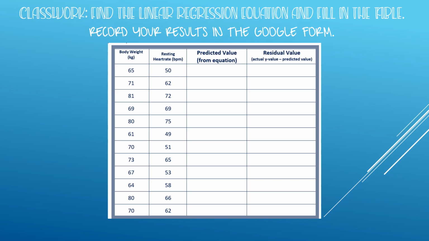So please work carefully, follow directions. The predicted values come from the linear regression equation where you're rounding to 3 decimal places. The actual predicted values you're putting in the table will be rounded to 2 decimal places.